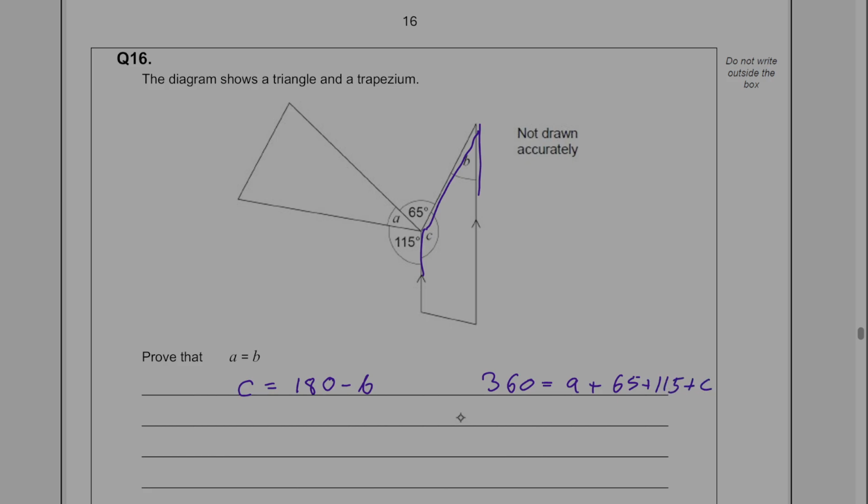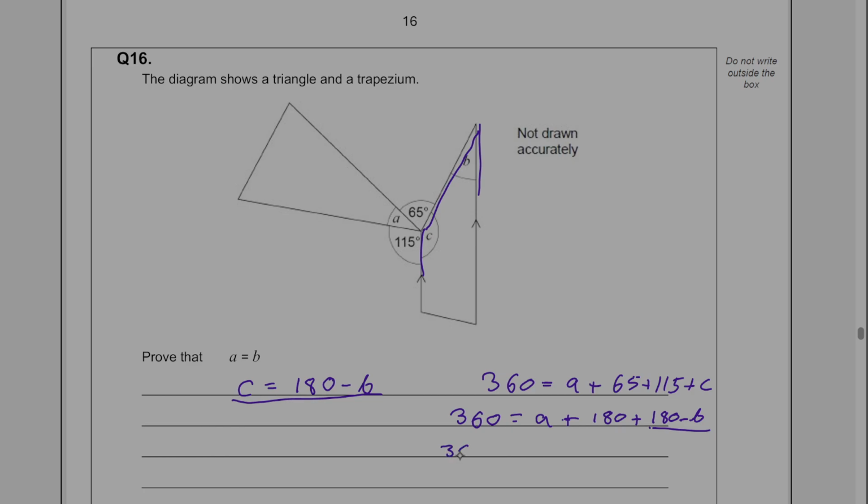Now I'm going to tidy this up a bit. 360 is going to be equal to A plus, these two would add together to make 180, plus, and then instead of C, I'm going to write 180 minus B. What I've done is substitute that in for C there.